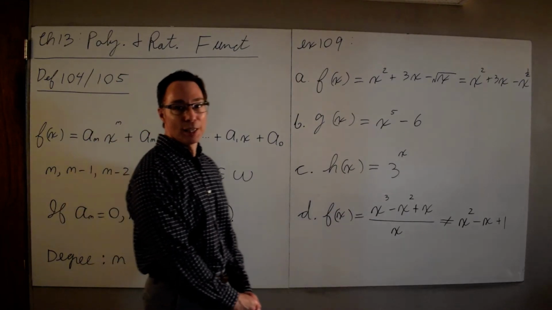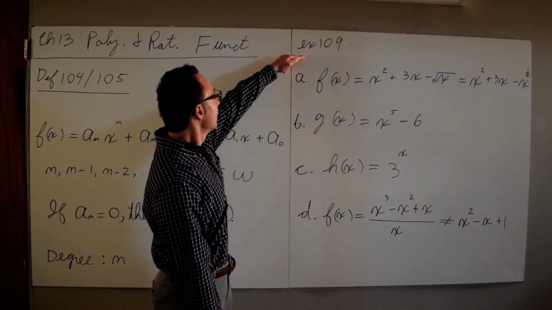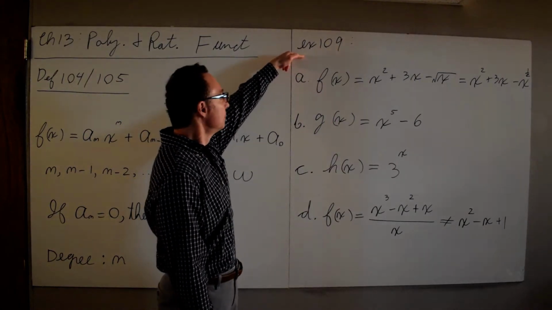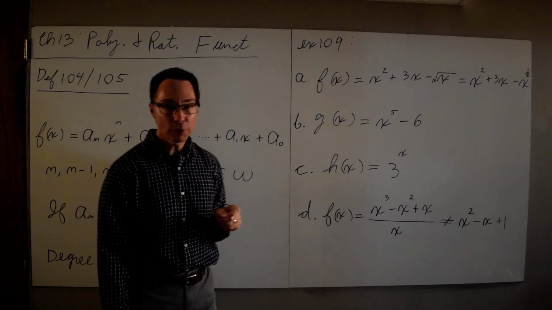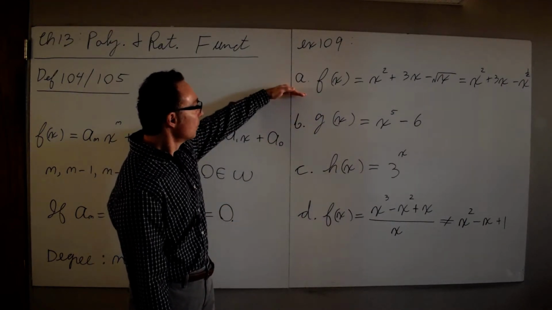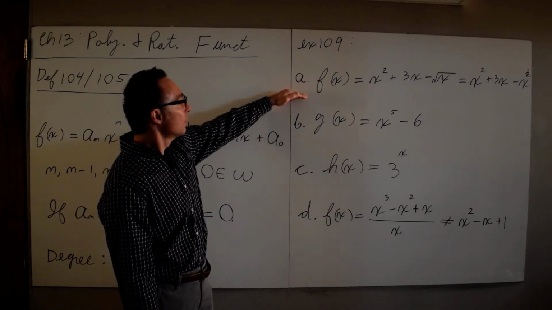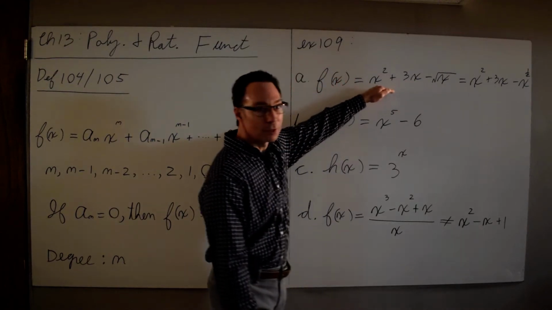So, keeping this in mind, we now look at example 109. We have 4 functions, and the question is, which of them are polynomials? Part A, we have x squared plus 3x minus the square root of x.